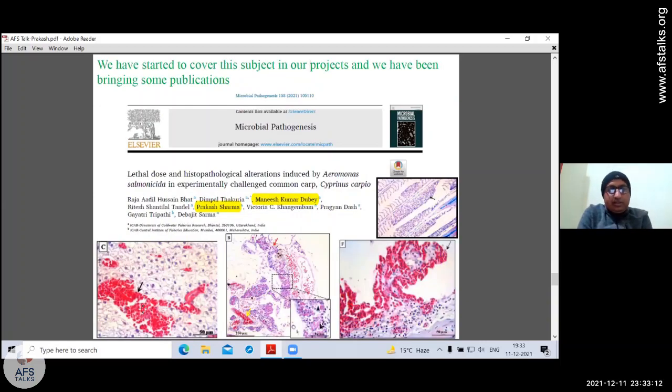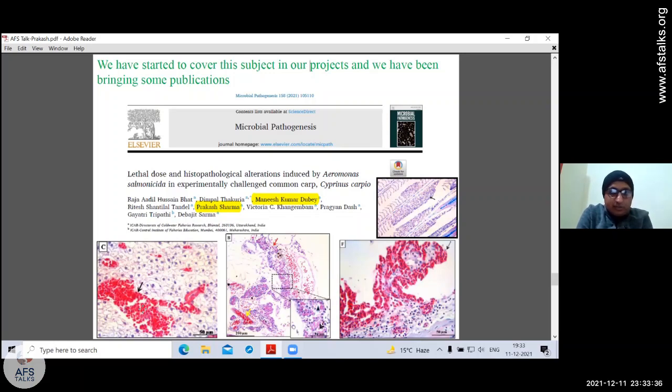In the line of histopathology, we got an opportunity to work with collaborators from the pathology division in our institute. In this study, we looked at the histopathological response to Aeromonas salmonicida injection in common carp.